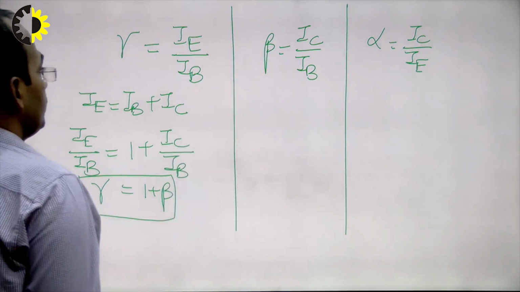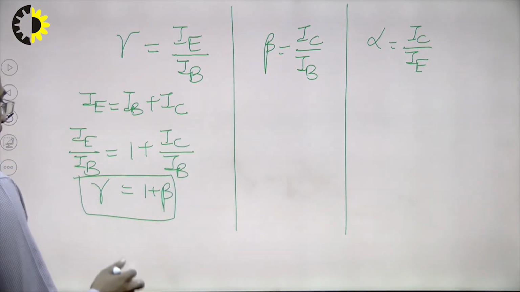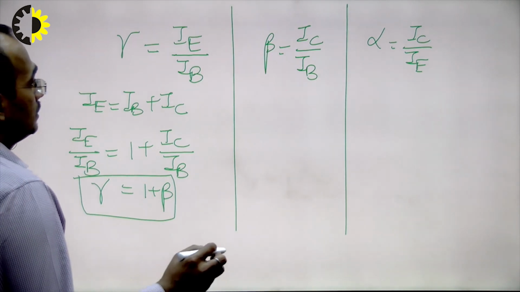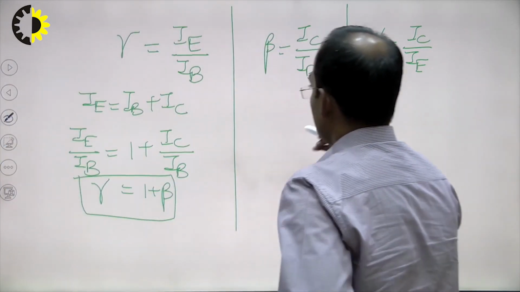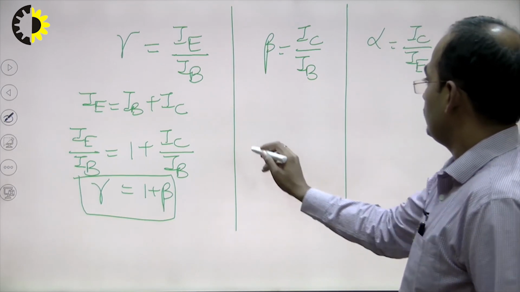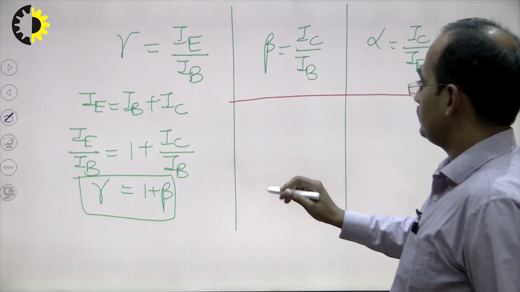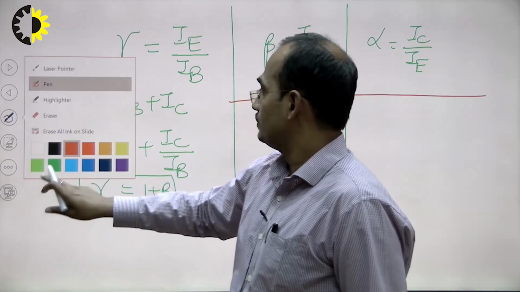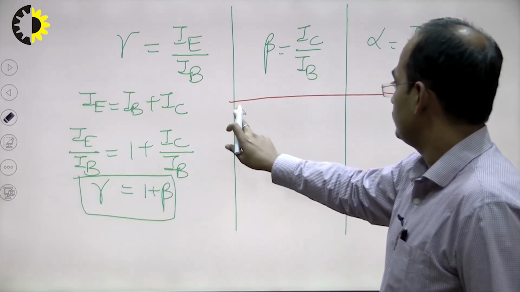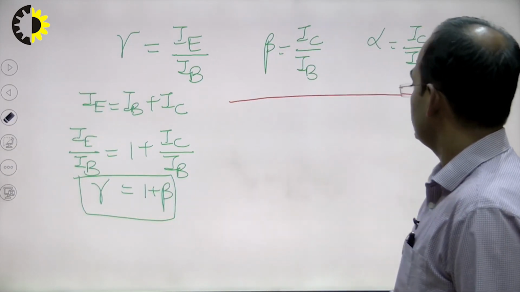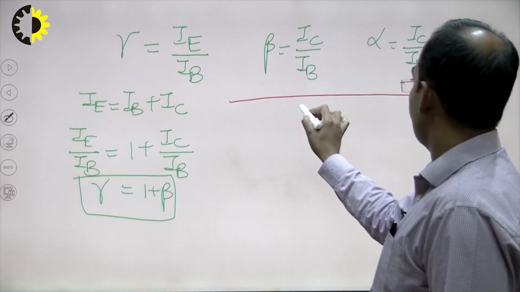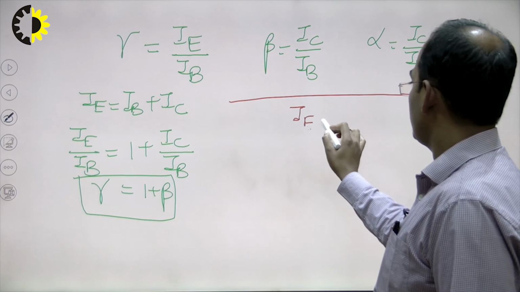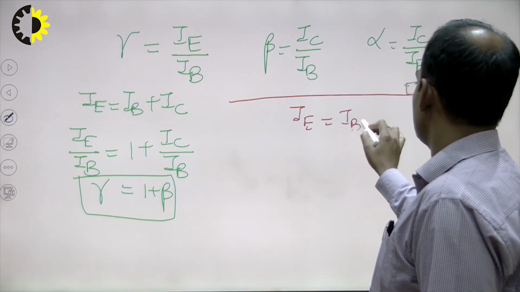Now what is the relation between gamma and alpha? I am using again the relation, IE is equal to IB plus IC.